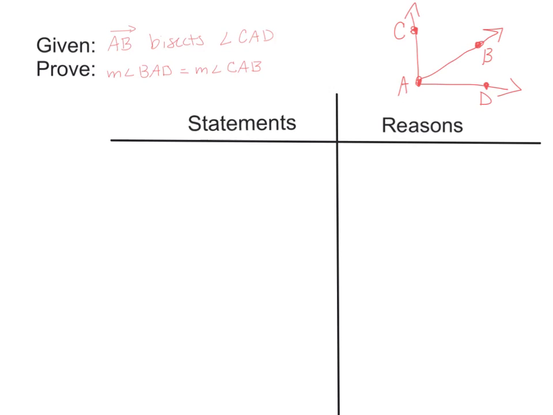All right, same thing here. Push pause, do the proof, see if we got the same answer. Our first given is that the ray bisects angle CAD, and I have a picture here for you. Remember in chapter 1, if you got that first given and you see the picture, you would put those tick marks in.